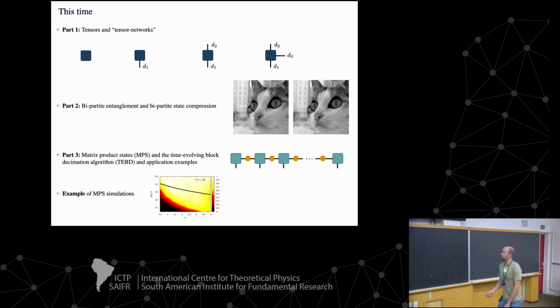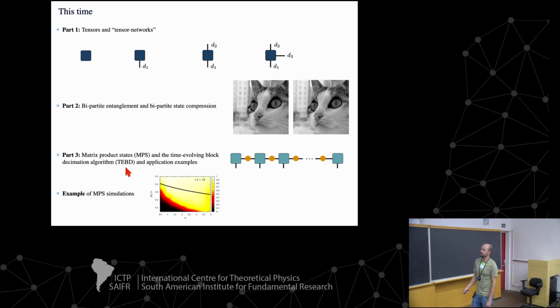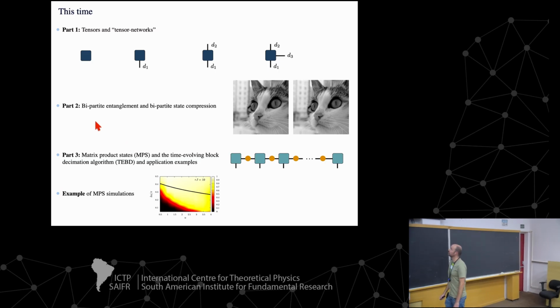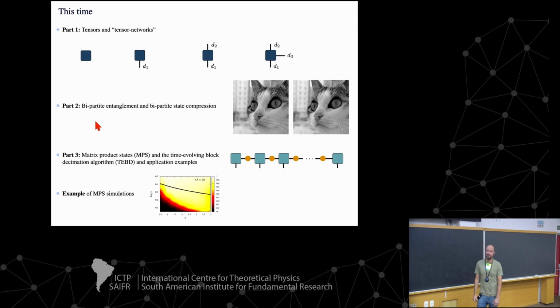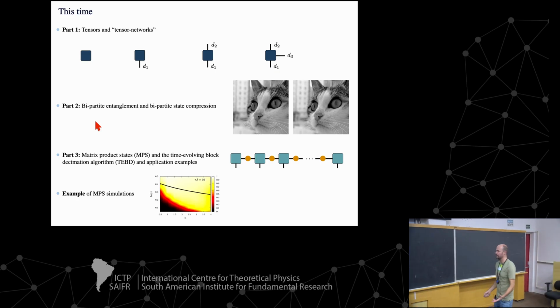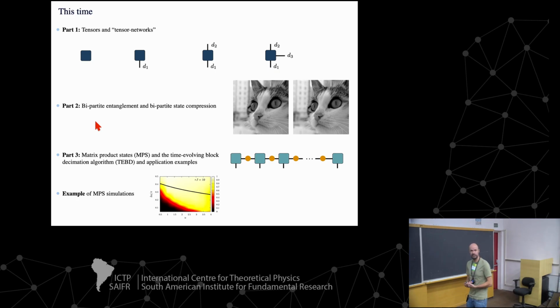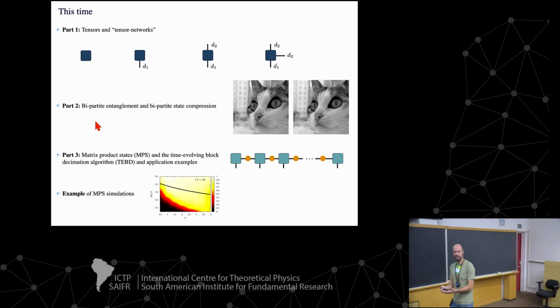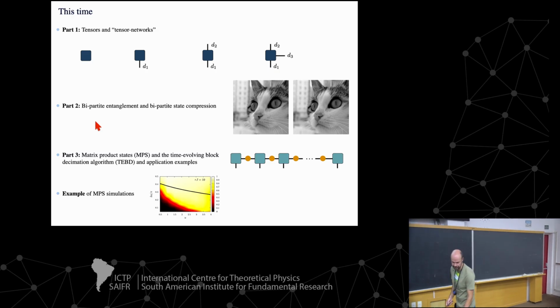Okay, but it brings me to the last part before showing some nice figures. So now we have understood this concept of bipartite entanglement entropies. And now I want to at least sketch how this is used to write down algorithms for simulating dynamics in a many-body system.